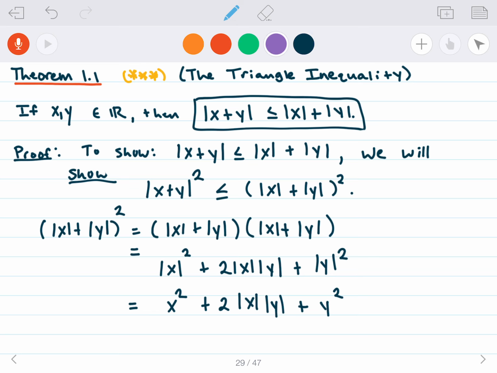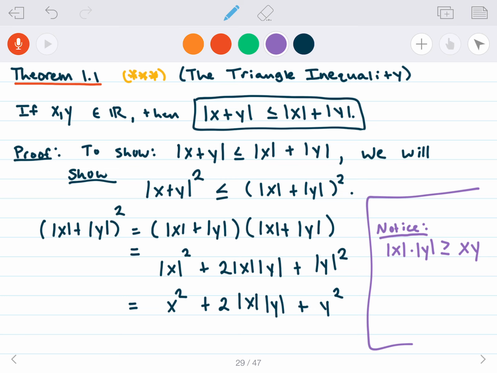And then I'm going to write a little side note over here. Notice that the absolute value of x times the absolute value of y is always going to be greater than or equal to xy, depending on what the signs of x and y are. You should convince yourself of this if you don't believe it, but hopefully you do.